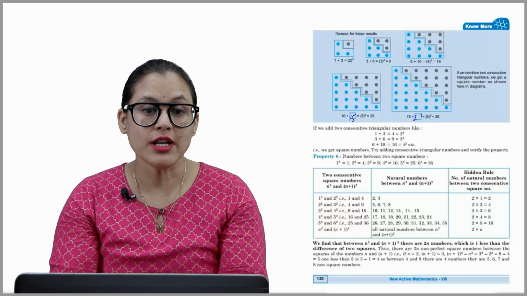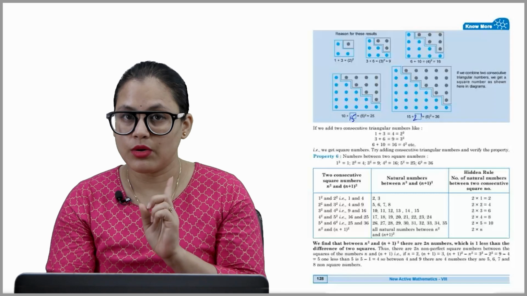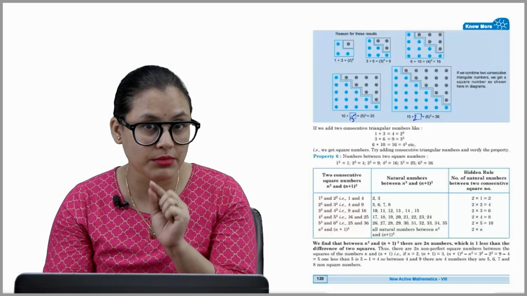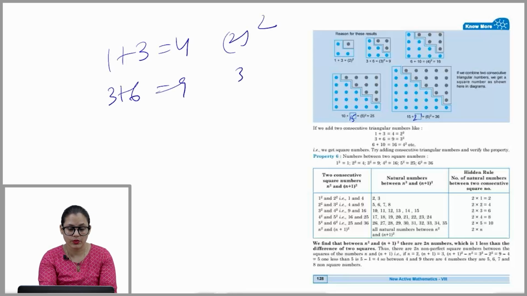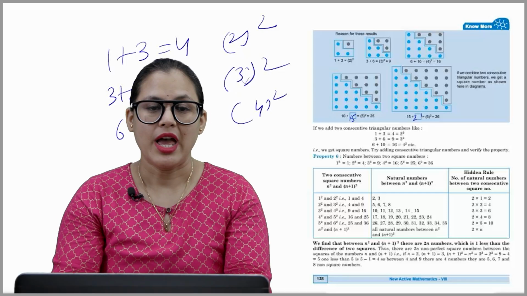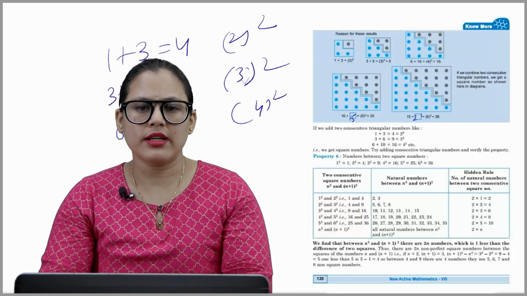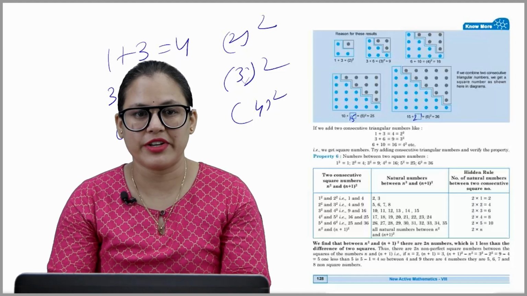If we add two consecutive triangular numbers, like 1 plus 3 is equal to 4, it is the square of 2. Then 3 plus 6 is equal to 9, square of 3, right? Then 6 plus 10 is equal to 16, square of 4, etc. We get square numbers. Try adding consecutive triangular numbers and verify the property.